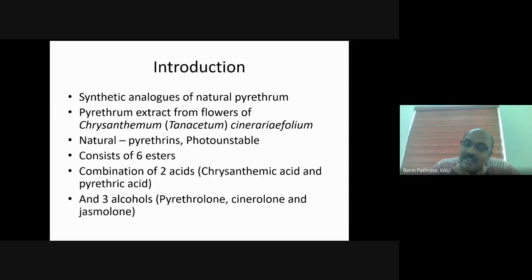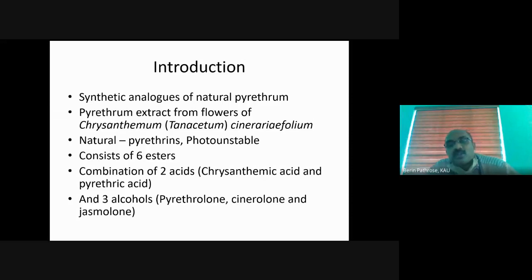And it reacts with three kinds of alcohols, namely pyrethrolone, cinerolone, and jasmolone. So we have two kinds of acids, chrysanthemic acid and pyrethric acid, and three kinds of alcohol, that is pyrethrolone, cinerolone, and jasmolone.